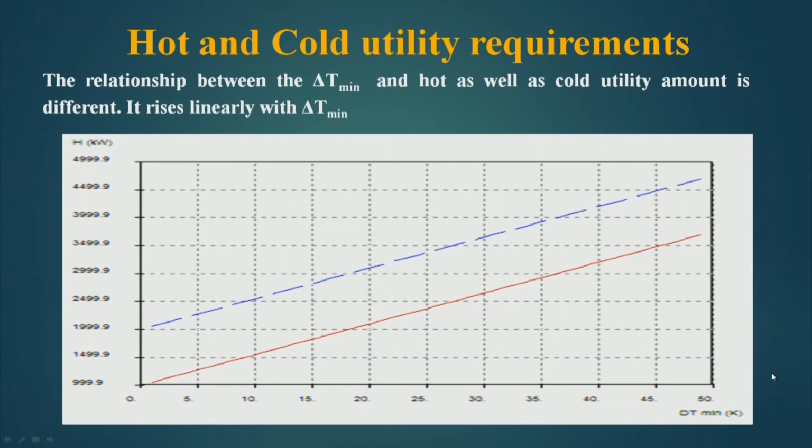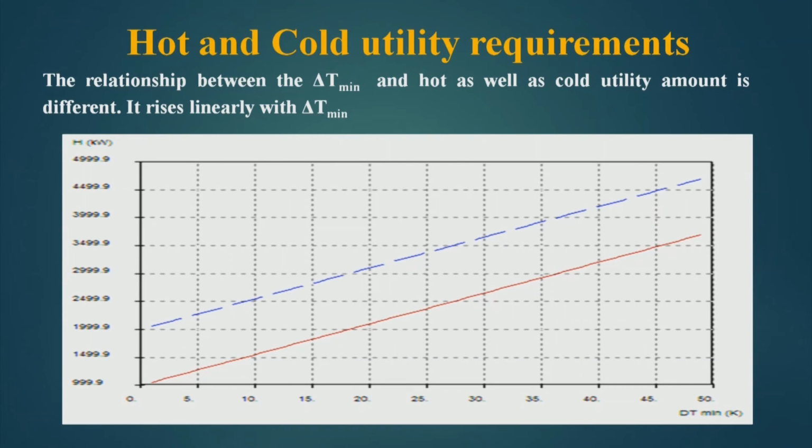Now, when delta T minimum increases from here to here, the hot utility cost and the cold utility cost are increasing linearly. This is a linear increase.